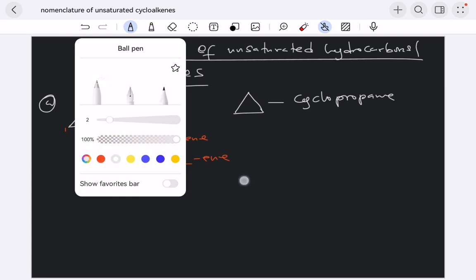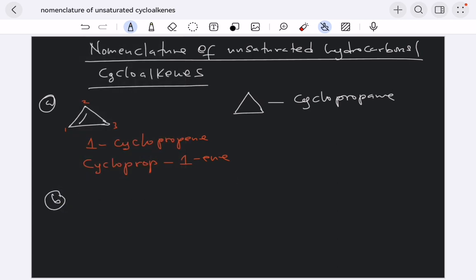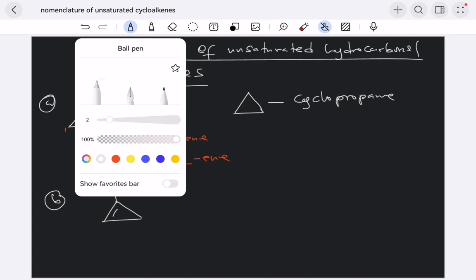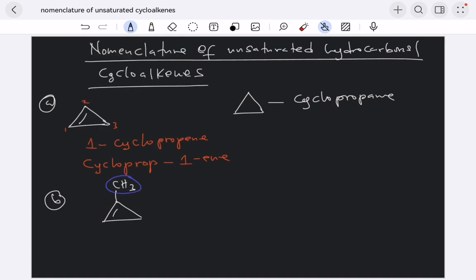Let's look at another example, which is B. Now, we can take the same compound, then attach a substituent. So we know that this substituent is a methyl. So here we have a competition of a methyl and a double bond.